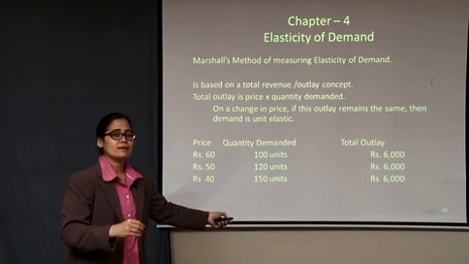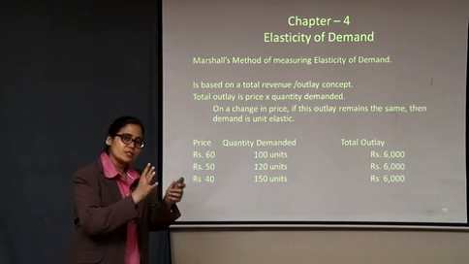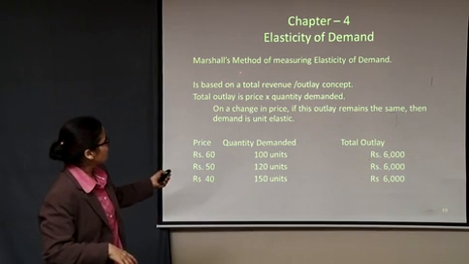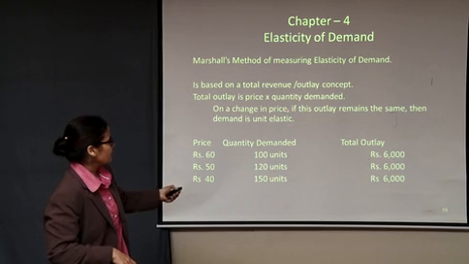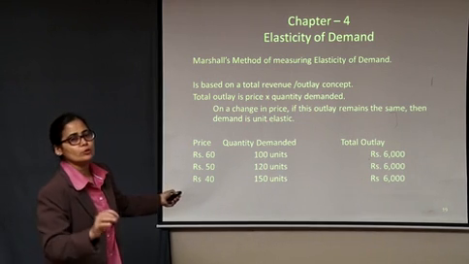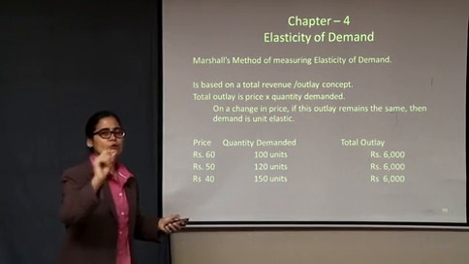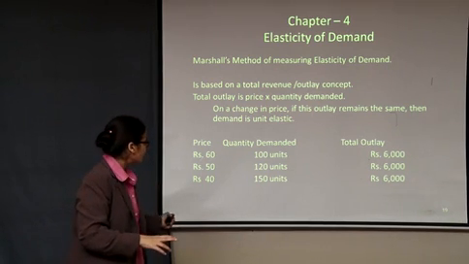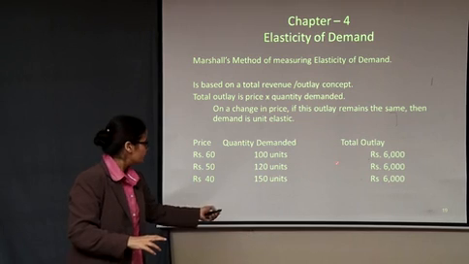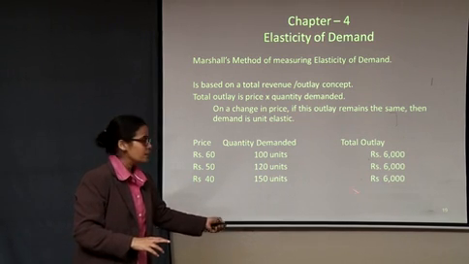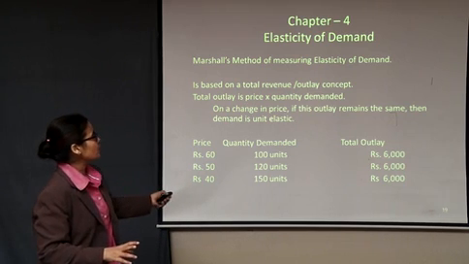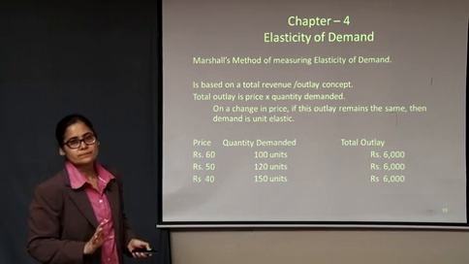So he said that when the total expenditure is constant, then you conclude under the revenue method that the elasticity is equal to 1. You don't have to do delta Q upon delta P, no calculation. Just multiply price into quantity and check the values. If your total outlay remains the same, then you say it is a case of unitary elastic demand.